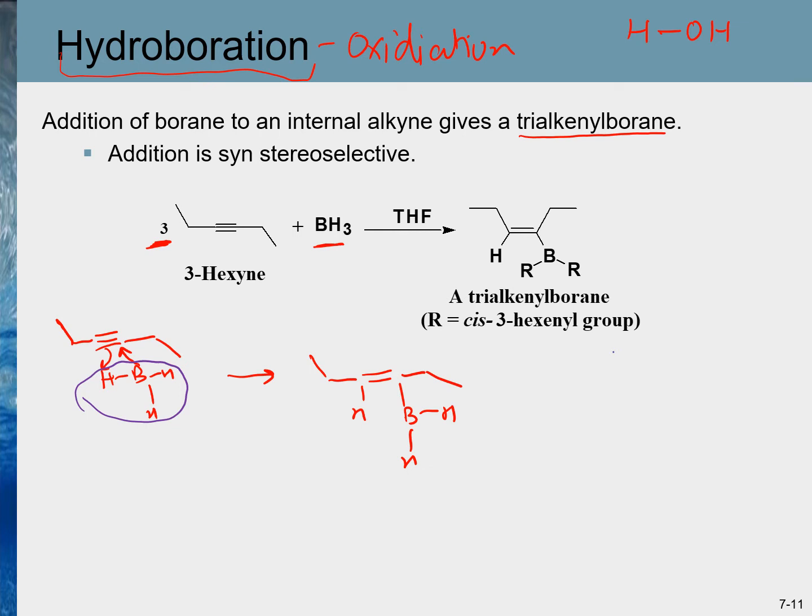Another hexyne will get added to the same addition product. Remember, one boron adds to 3 alkynes. Right now we have only 1:1. So the second hexyne, I don't have enough space, so I am going to squeeze it here. So this is another hexyne molecule.